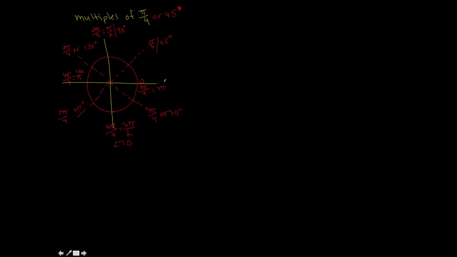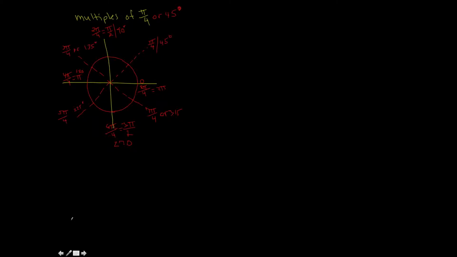Now, it's going to be very easy for us to figure out what pi over 4 is. To find the exact values of pi over 4, think about what we have here.